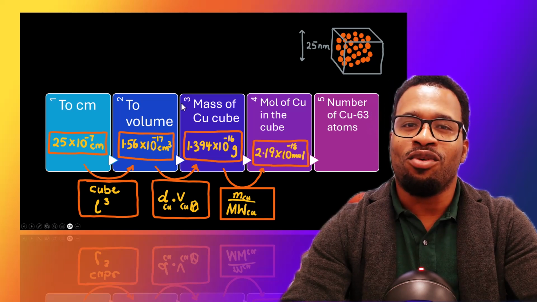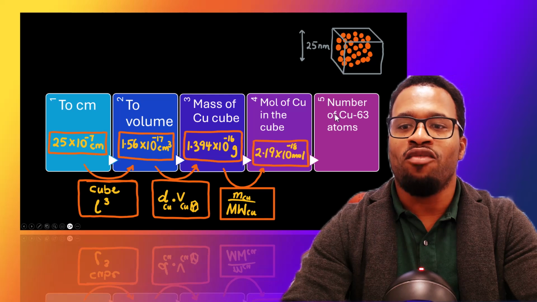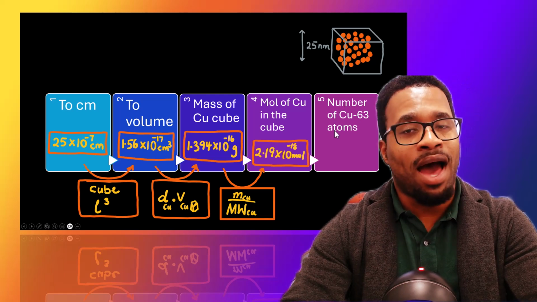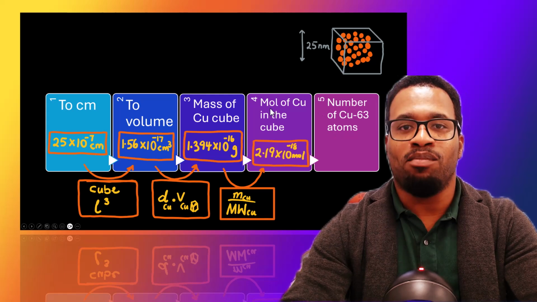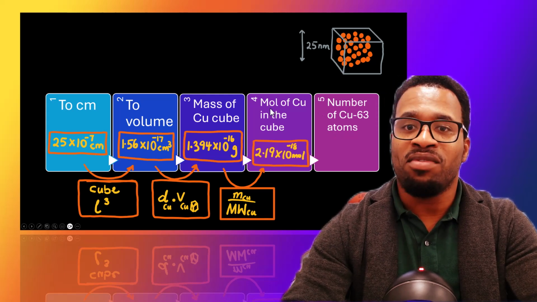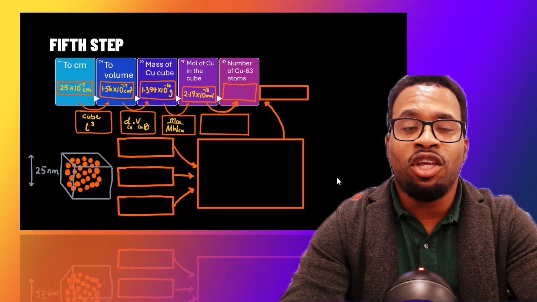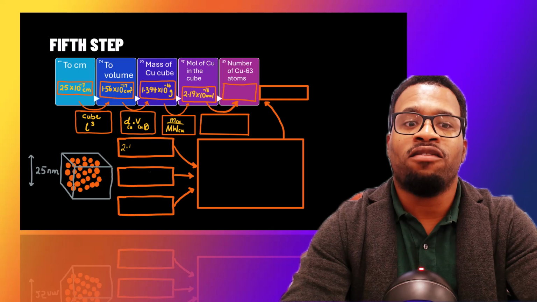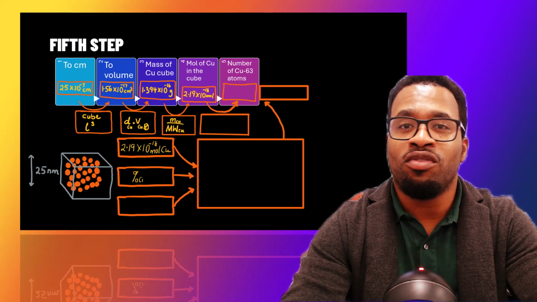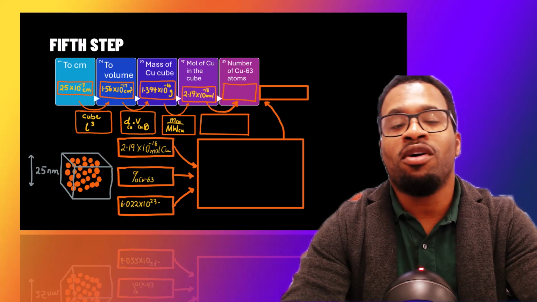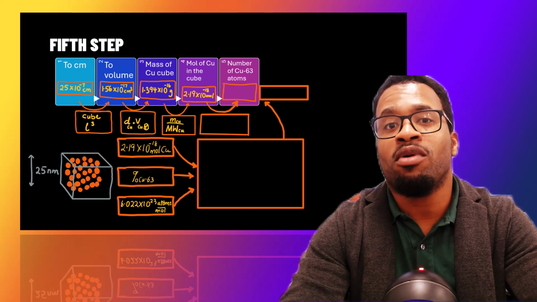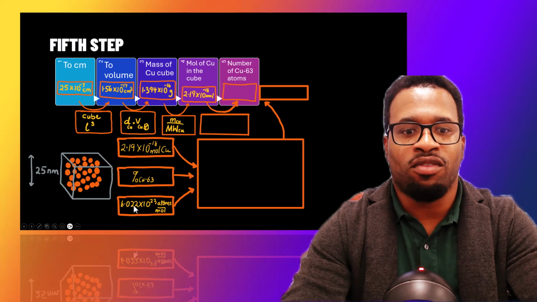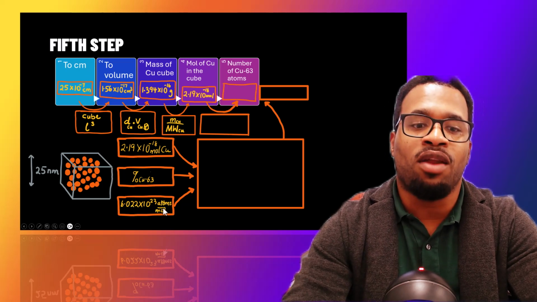That leads us to the final step, step 5, where we need to find the number of copper-63 atoms present in those moles. We need 3 things to accomplish this. The first is the number of moles of copper, then the percent abundance of copper-63, and finally Avogadro's constant, which is this particular value in atoms per mole.